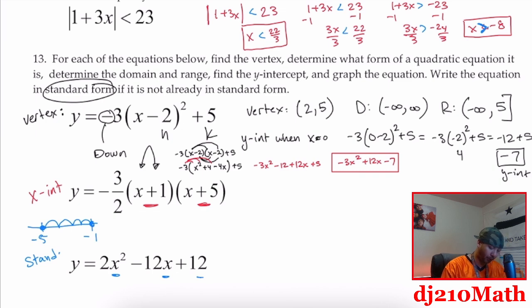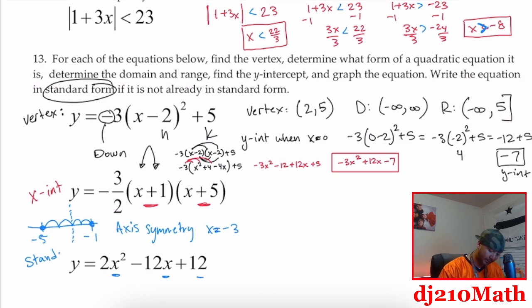That's 4 units. So that means the axis of symmetry is right down the middle at what? Negative 1, negative 2, negative 3. The axis of symmetry is at x equals negative 3.